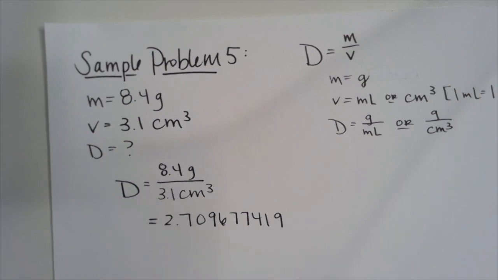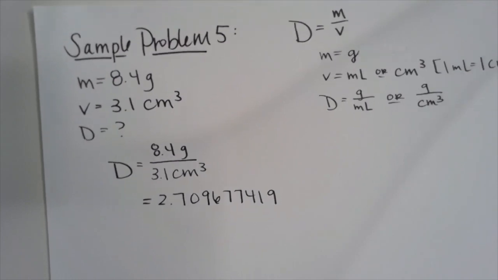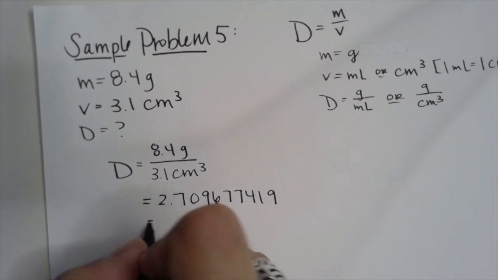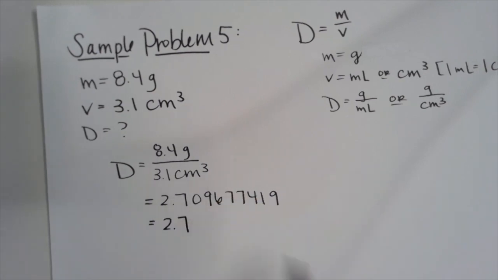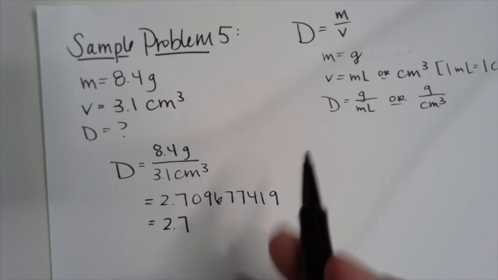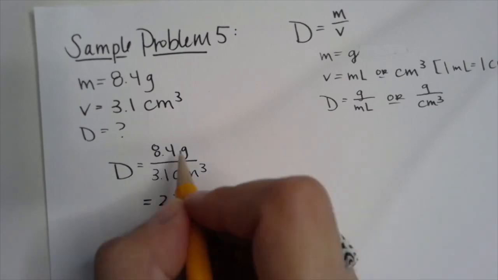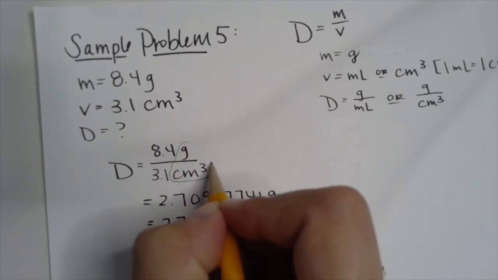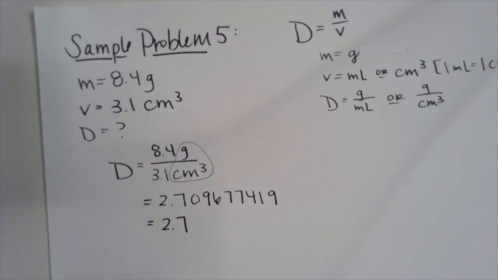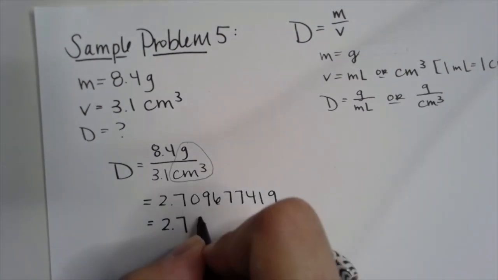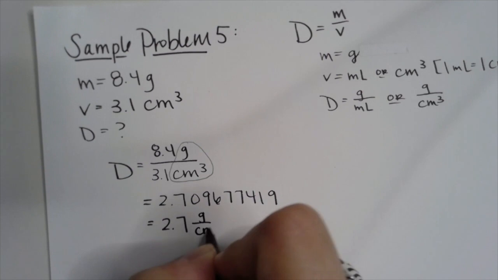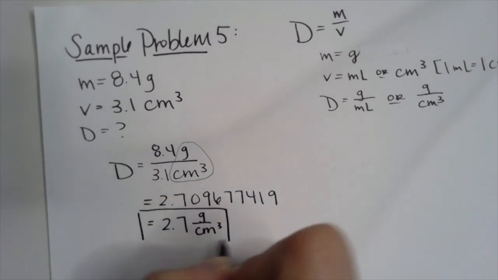So we want to round this answer so it has 2 significant figures. Final answer would be 2.7, and don't forget your units. So because I literally took grams divided by centimeters, your answer would have units of grams per centimeter cubed. And that's how you do density.